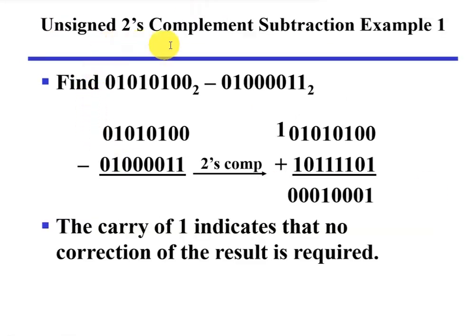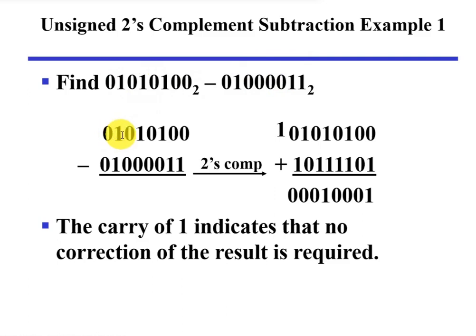So here we have example 1, where we use 2's complement to subtract unsigned numbers. Look, this is our minuend, m, and this is n according to our notation. In order to perform this subtraction, we use the 2's complement of the subtrahend n and add it to the minuend.